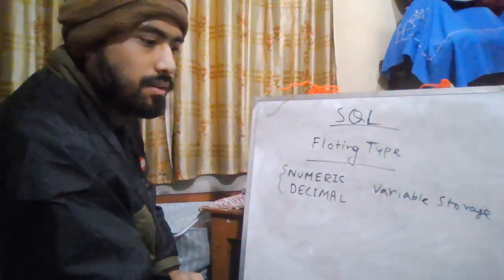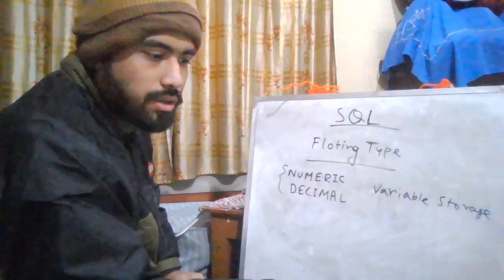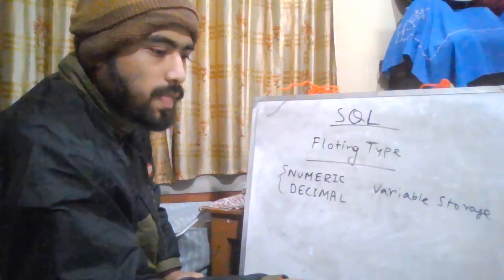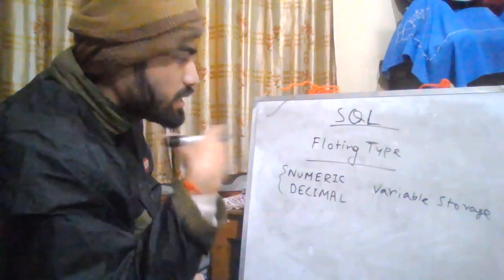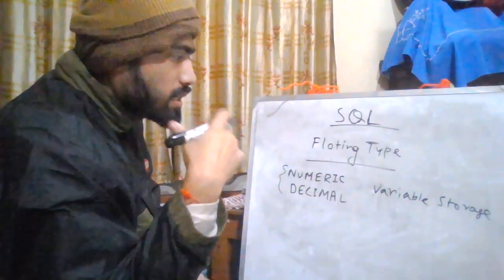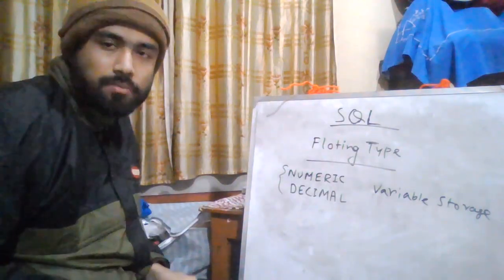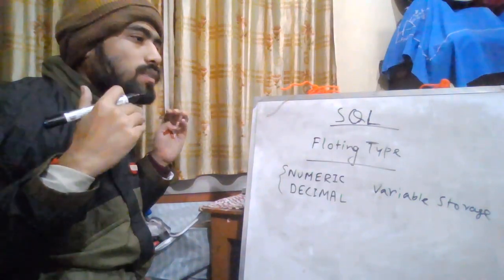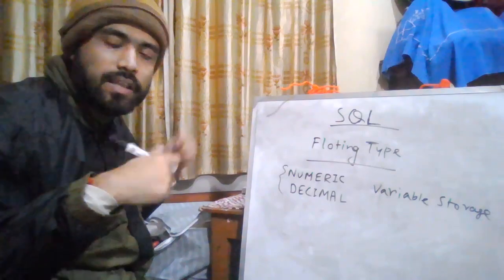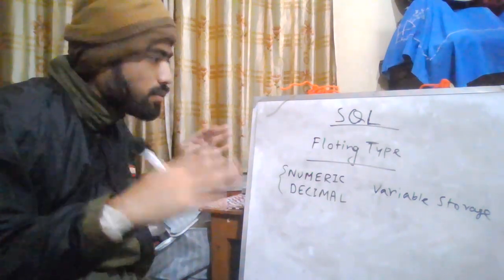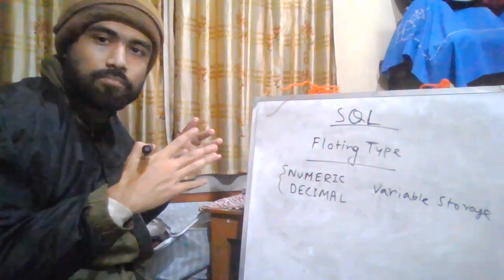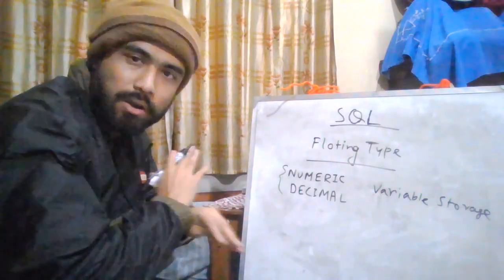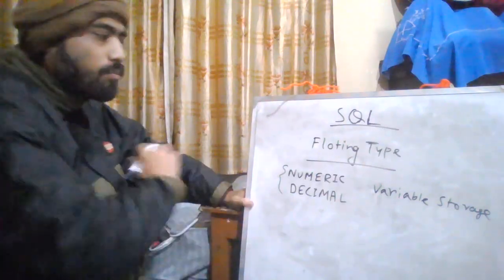And number range is also there, but ideally you should not be bothered about the data size, because numeric and decimal can hold a huge range that is beyond our practical application. We are never going to exceed or exhaust the range. So forget about the range.